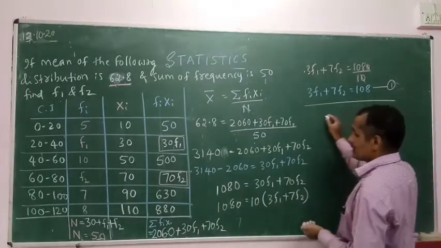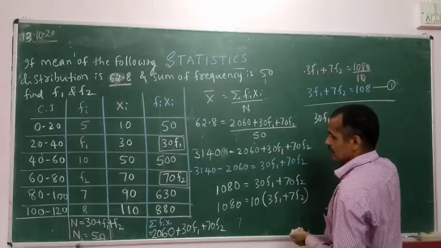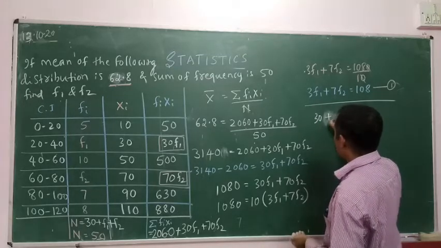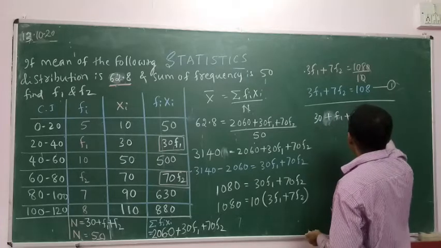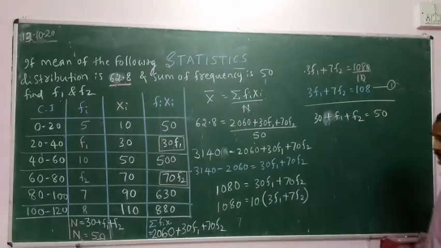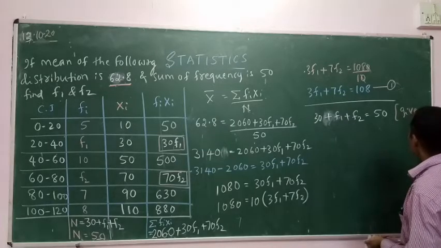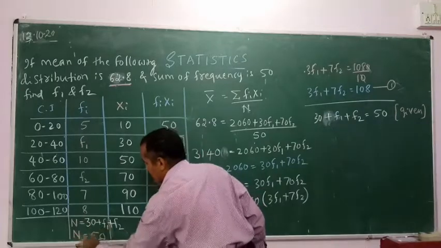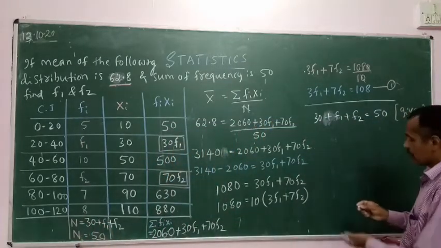I will write like this: 30 plus F1 plus F2 is equal to 50. This is given; the total is given to you, and equal to 50 is also given. I made an equation.